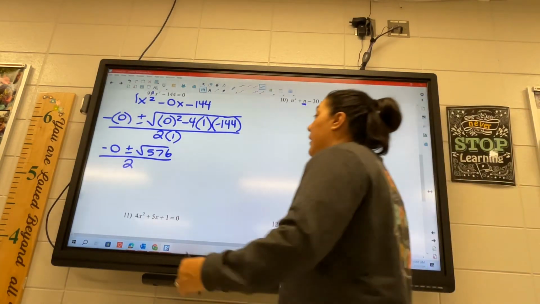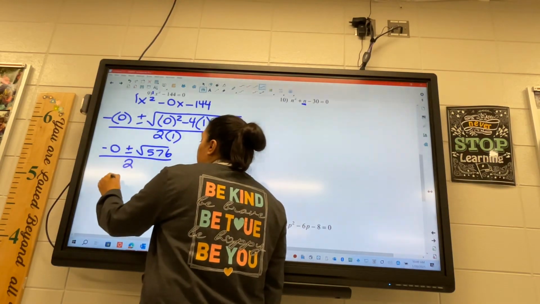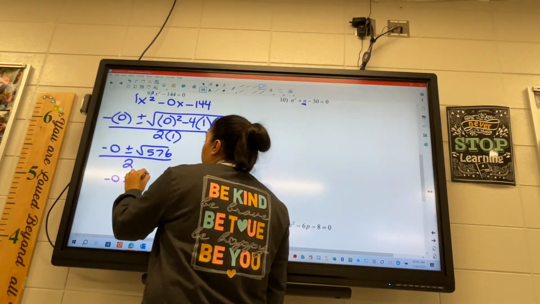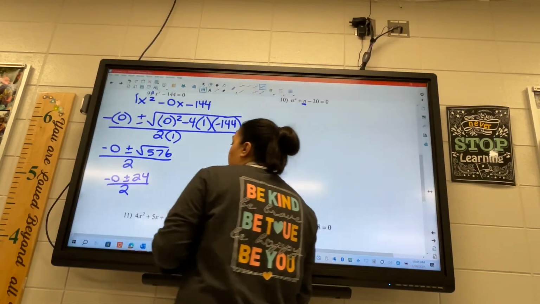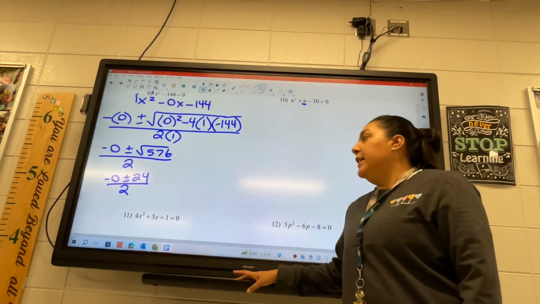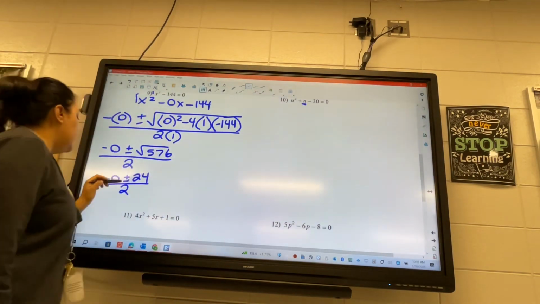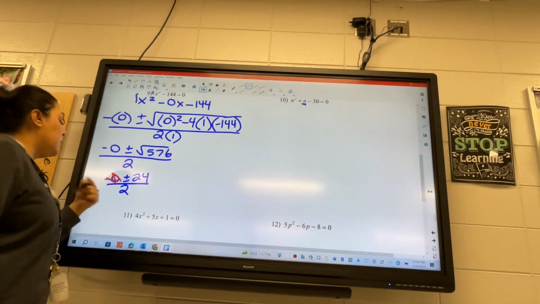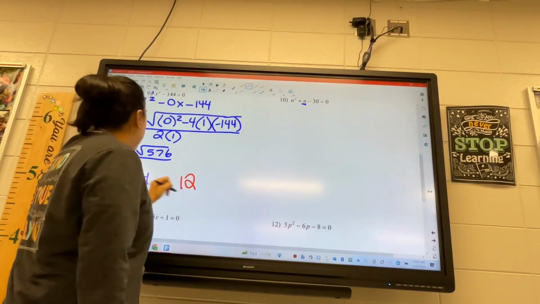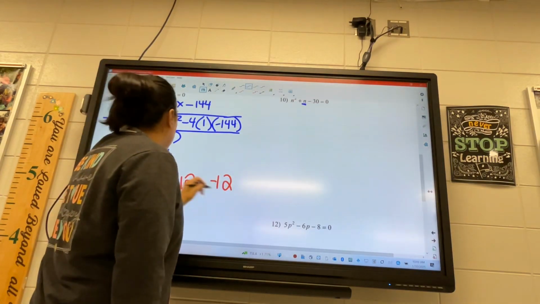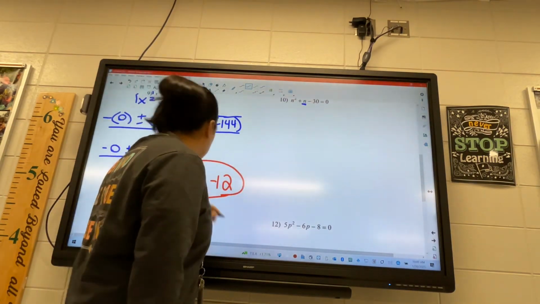What's the square root of 576? 24. 24? So you got negative 0 plus or minus 24 over 2. Okay, so if we think about this, the 0 really just ends up disappearing, because the plus is 24 over 2, which is 12, and the minus is going to give us negative 12. Okay, so the 0 does not do anything.